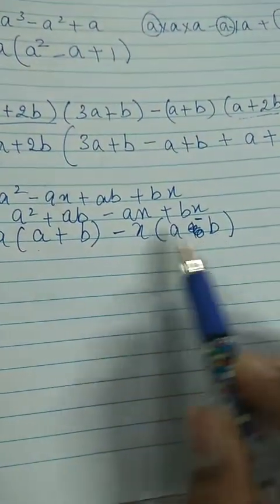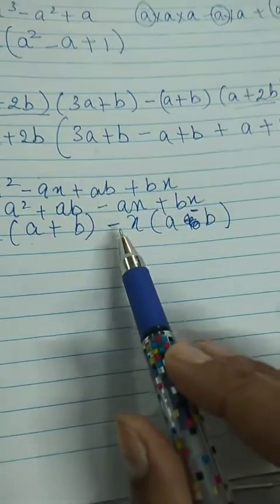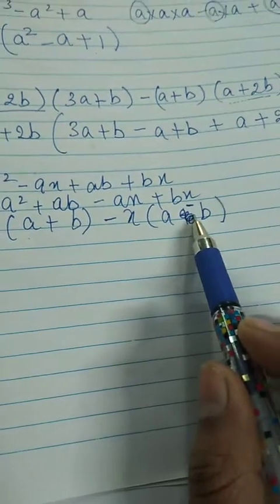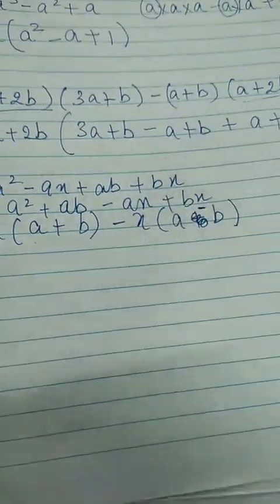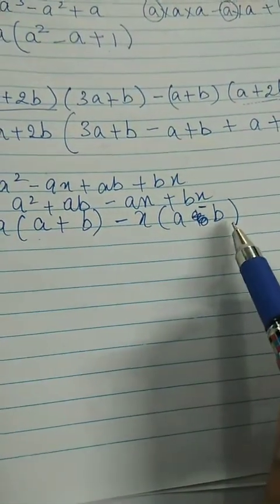If we multiply it back again, we are required to get this expression back, so it will be minus ax, and minus of minus is plus, so plus bx.